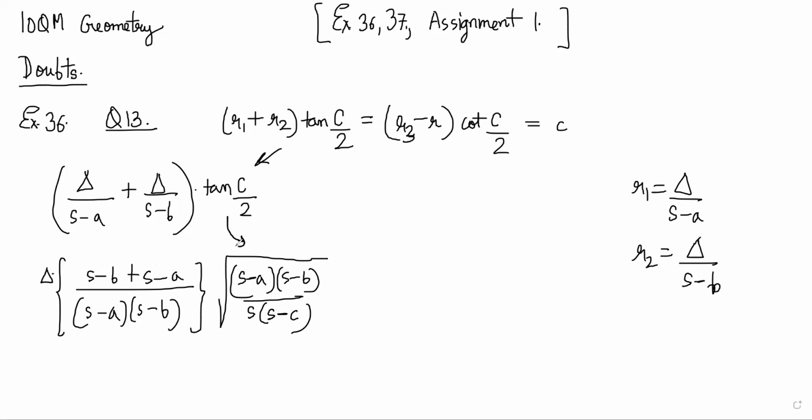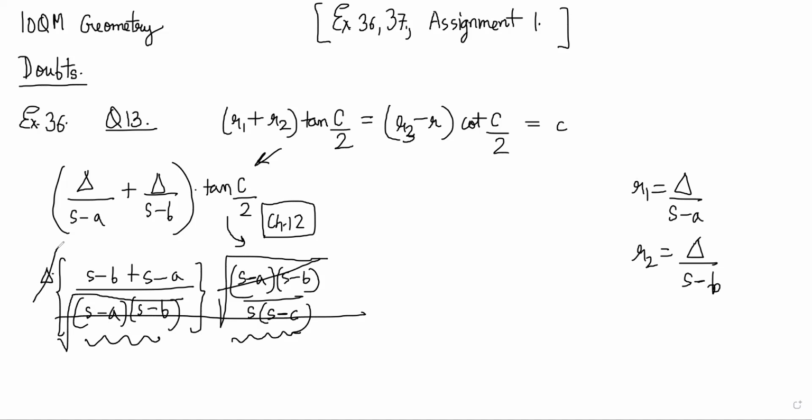Yes, sir. This is a formula from chapter 12. We have seen that by cosine rule you can get this. And now what you get is these two roots cancel and here it becomes a root, and root of this multiplied by root of this is just del, so this cancels.